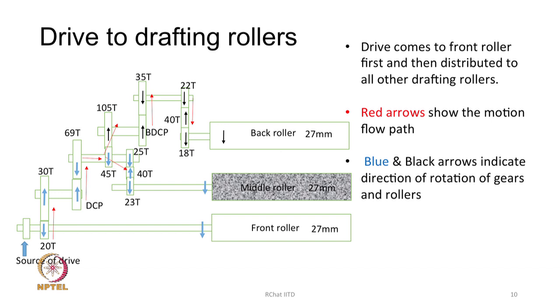As you see here, the red arrows point out how the motion flows from the front roller through a set of gears to the middle roller and to the back rollers. That is how it is shown here.